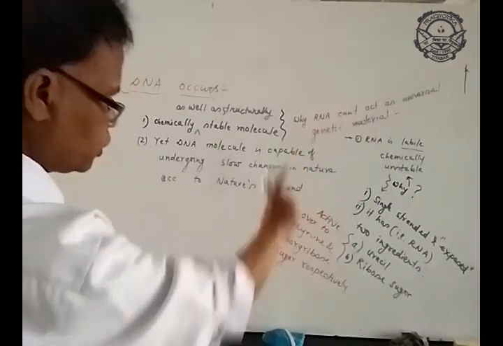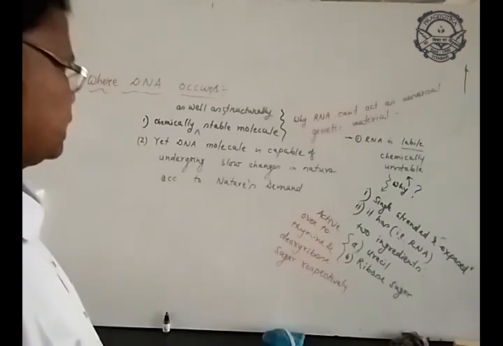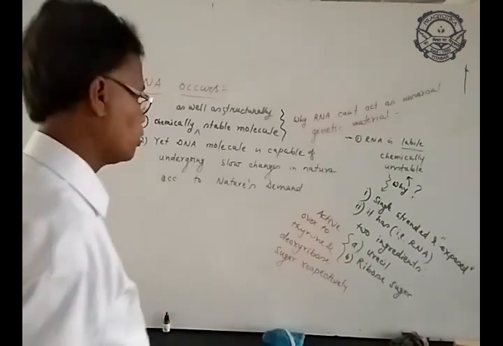These are the causes why RNA cannot act as genetic material for most organisms, but DNA can. DNA is stable.